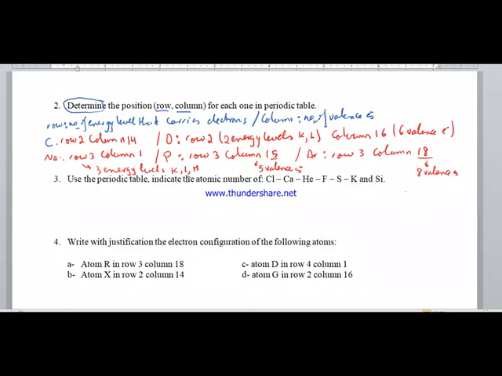For the third part, we use the periodic table. We must use the periodic table to indicate the atomic number for the following elements: chlorine, calcium, helium, fluorine, sulfur, potassium, K, and silicon.